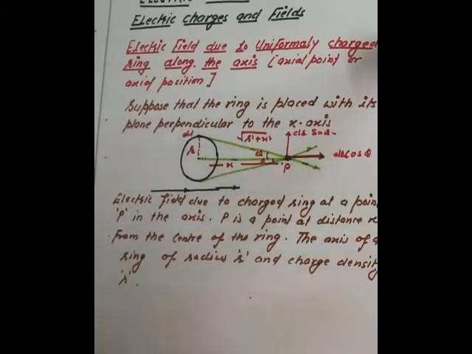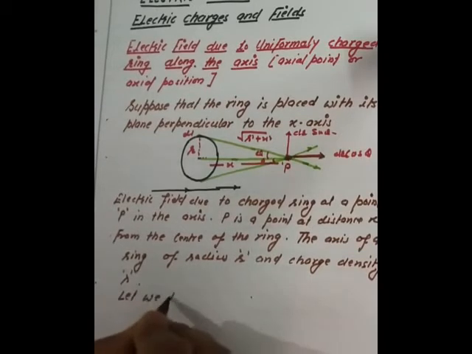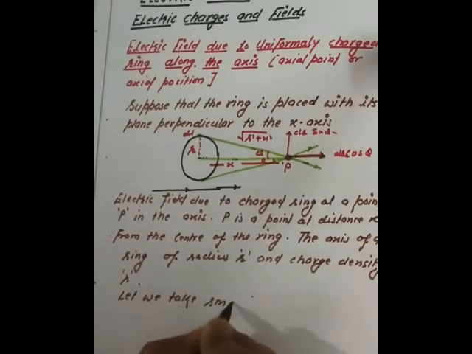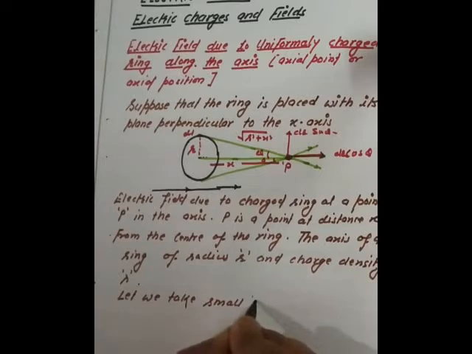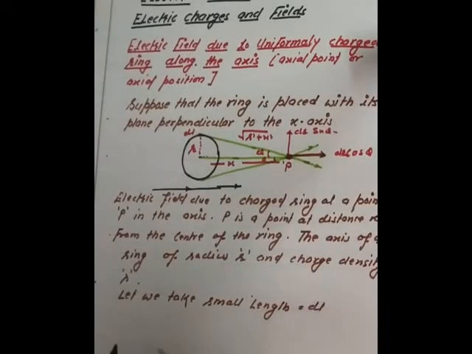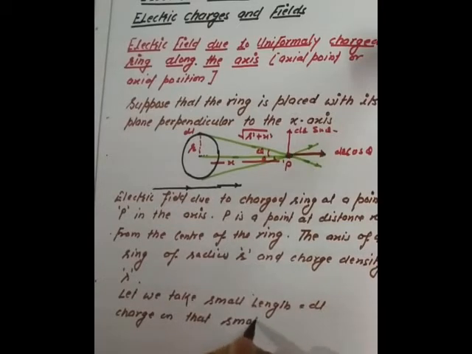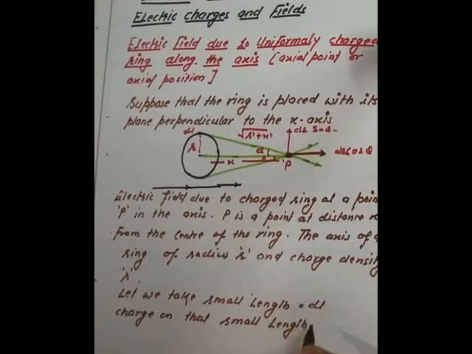Then when we take the small particle, a small length dl, the charge on that small length will be dq.